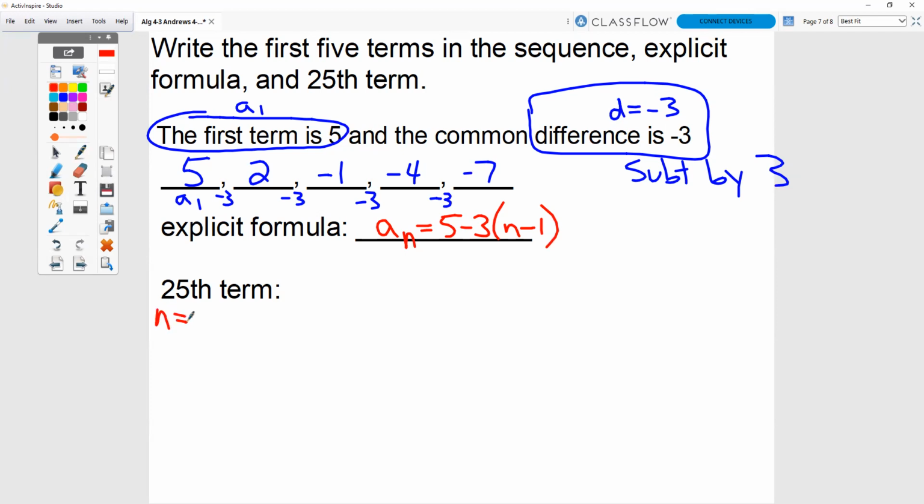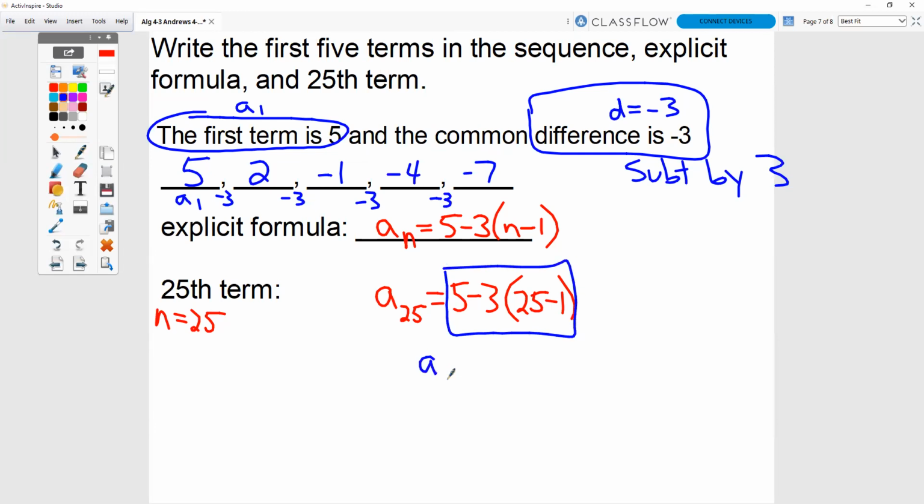They want to know what the 25th term is. So a sub 25 equals 5 minus 3 times 25 minus 1. Again, take that whole thing, type it right into the calculator. We get that the 25th term in the sequence is -67.